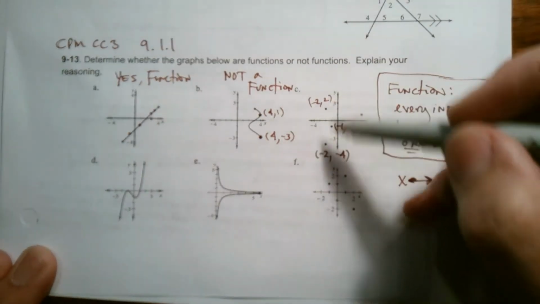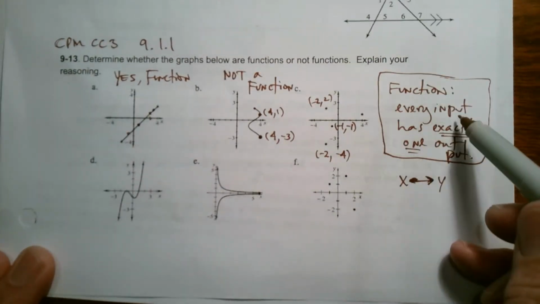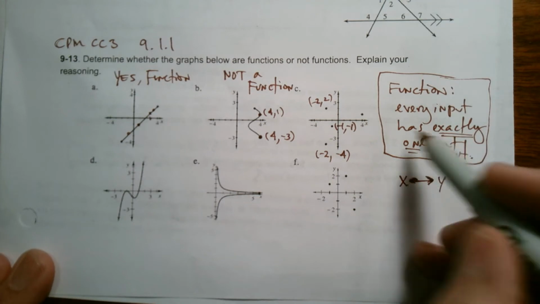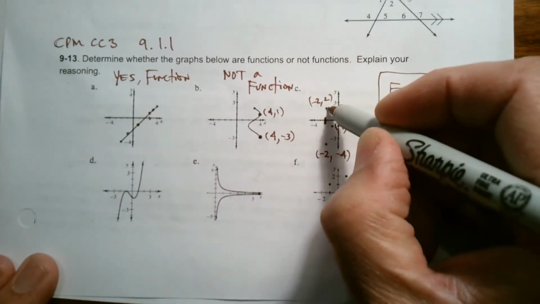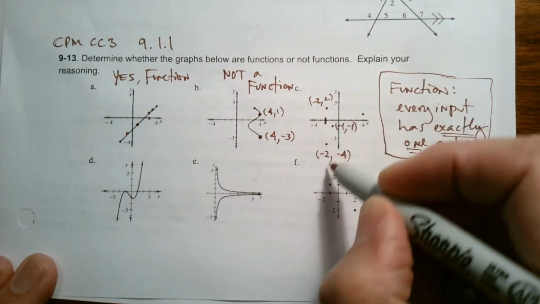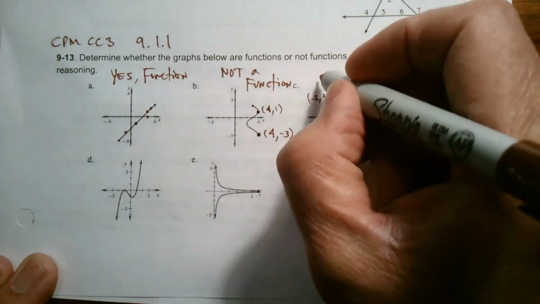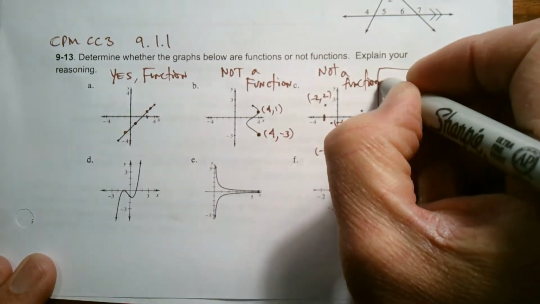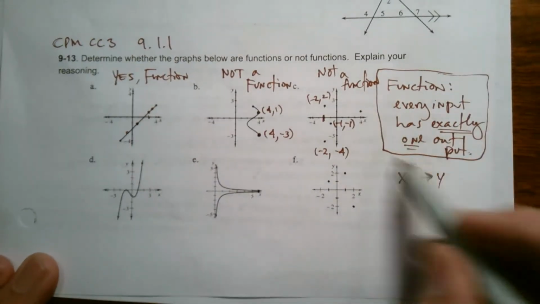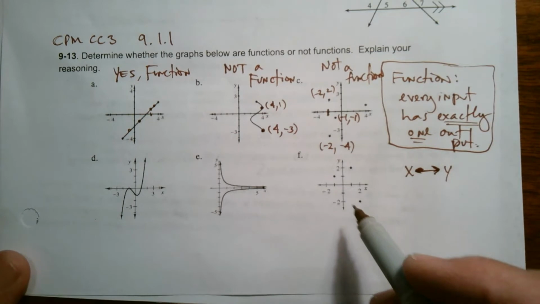So right there, I see we again fail this definition of every input has exactly one output, because the x value of -2 exists at +2, but it also exists here down at -4. So once again, this is not a function because it fails this requirement. To be a function, every input has exactly one output.